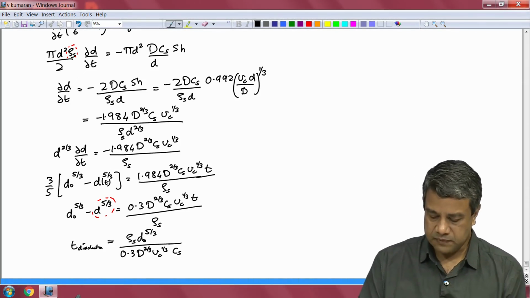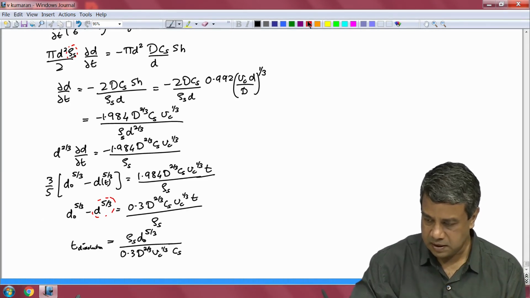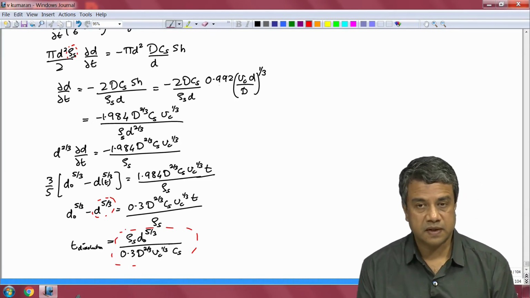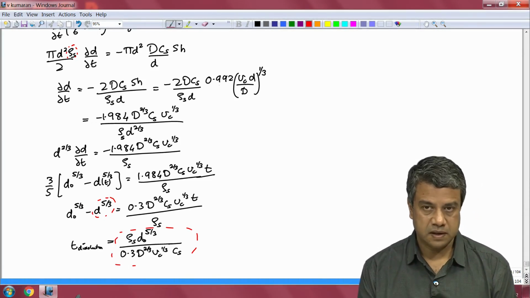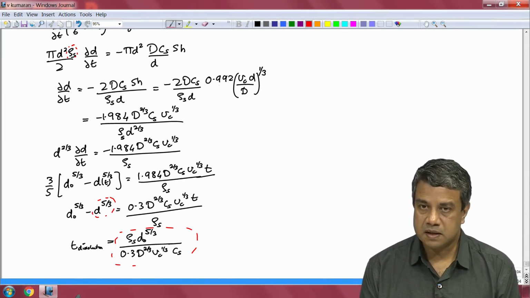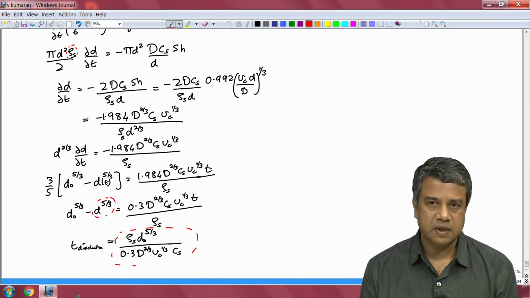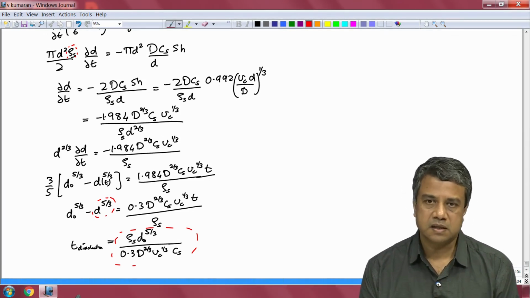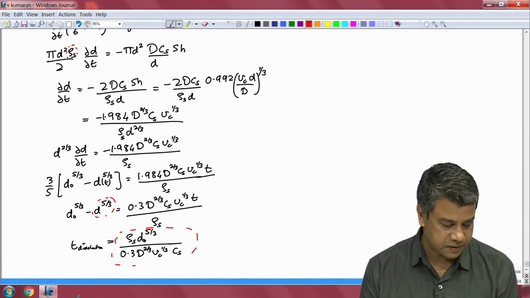So therefore, the dissolution time that I get is going to be equal to this value. It increases proportional to the 5/3 power of the diameter when there is natural convection at high Peclet number. Recall that when we had forced convection, it was increasing proportional to d squared, just from dimensional analysis. It has to be d squared divided by the diffusivity.